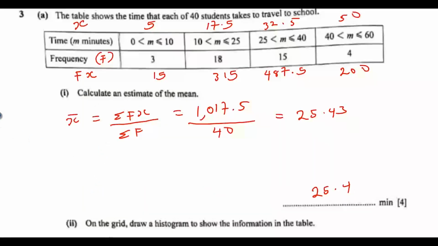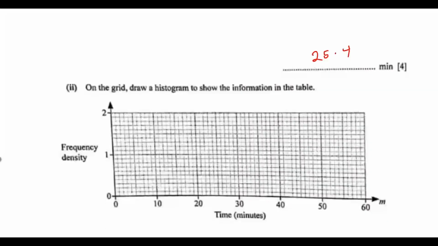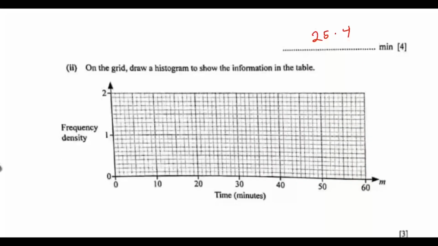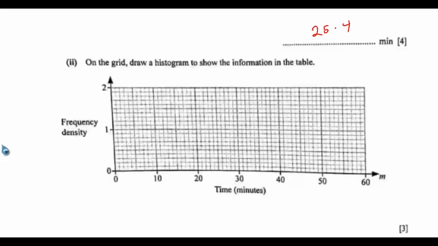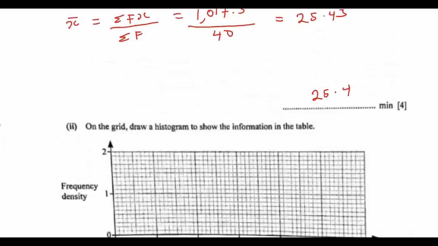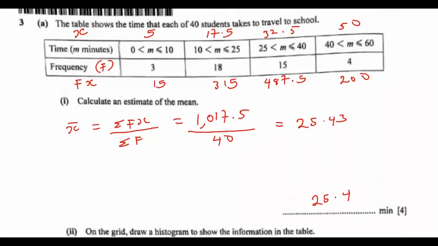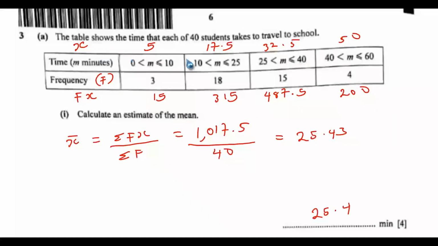3a Roman figure 2. On the grid, draw a histogram to show the information in the table. We have the frequency density here, and we have the time in minutes. We need to calculate the frequency density for each of these class intervals.